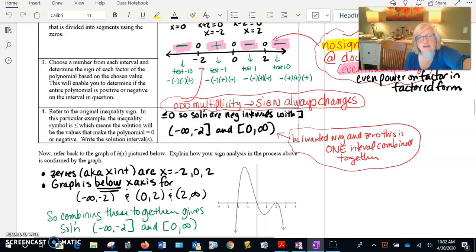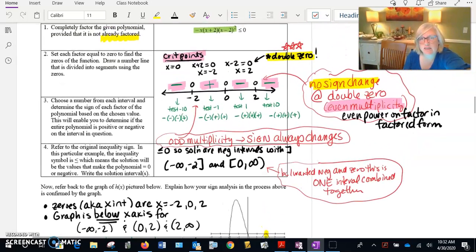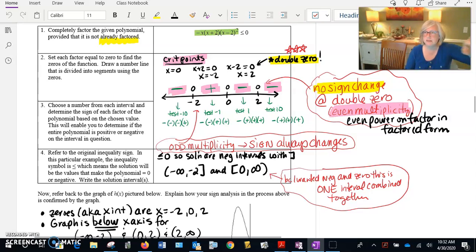If I slide down and take a look at the graph below, right here, I'll highlight where that 2 is. It did not change sign because it hit the x-axis and then just bounced. Since it was below coming into it, it bounced and stayed below, staying negative. That's something we want to pay attention to.